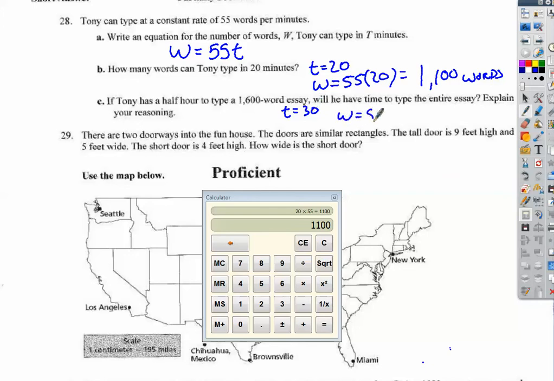So W is equal to 55 times 30. And so 55 times 30 is 1,650 words. Now, unless I am very much mistaken, that is larger than 1,600 words. So therefore, he would be able to do it. Just barely get it done.